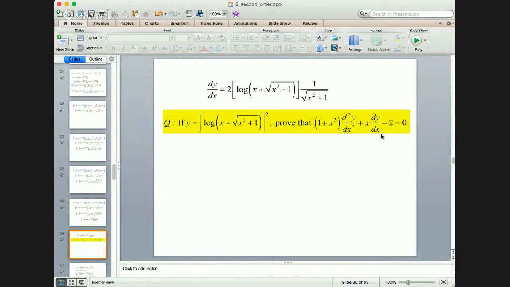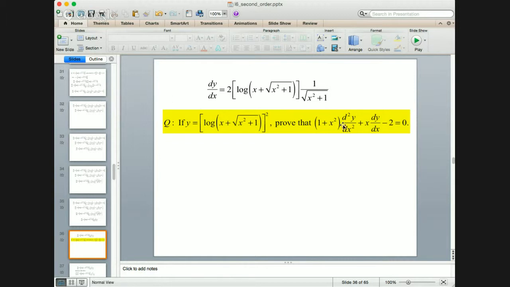Now, there are two ways of going ahead, and you have to learn to be a wise chooser so that you know that there are alternatives which can make your work much simpler. If you pay attention to this expression, you will realize that nowhere does this log of x plus root x square plus 1 kind of an expression appear. So somewhere there is a relief that is going to come through the derivative that we have found out.